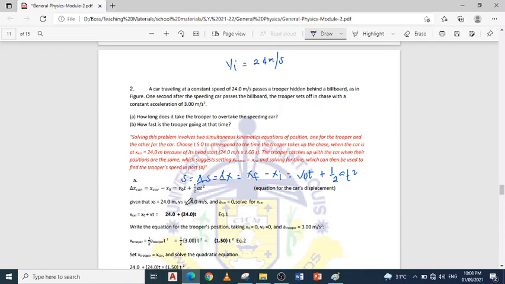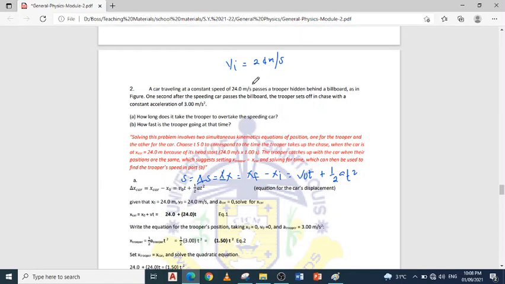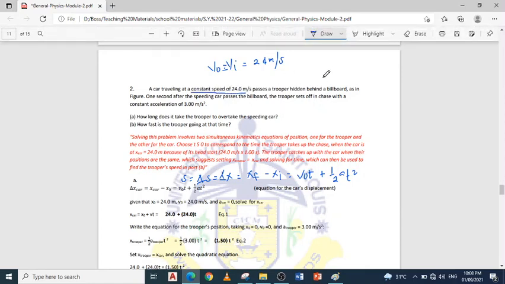Yung v0 natin, okay, given naman. So, 24 meter per second. v0 or vi to guys, ha? Initial or v sub 0. Ayan. So, given naman, 24 meter per second is here. And yung acceleration ng car, since constant speed tayo. Since constant speed, meaning, di ba, if you remember kanina that yung acceleration is equal to delta v over delta t.